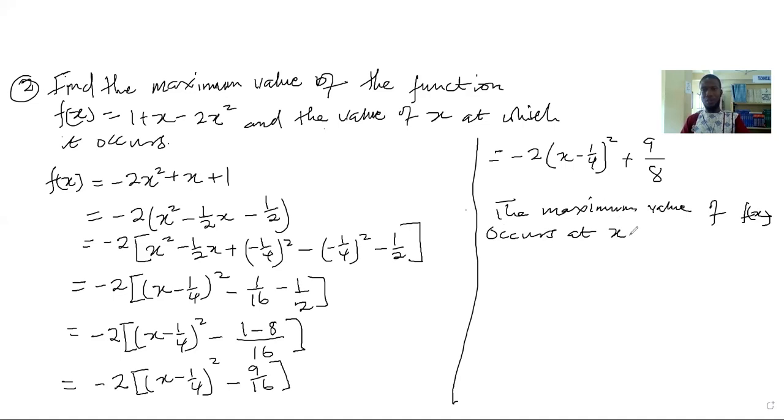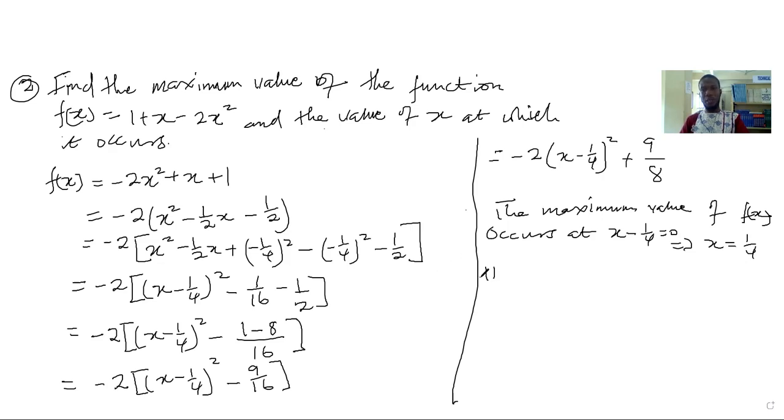So at x minus 1 over 4, which implies x equals positive 1 over 4. All right.